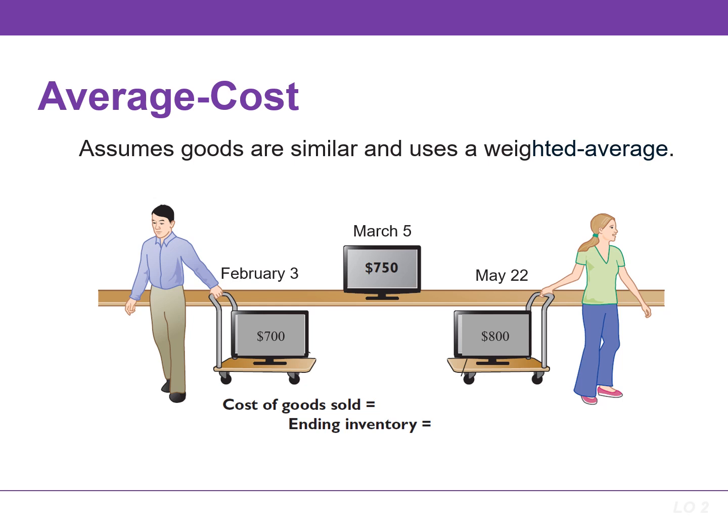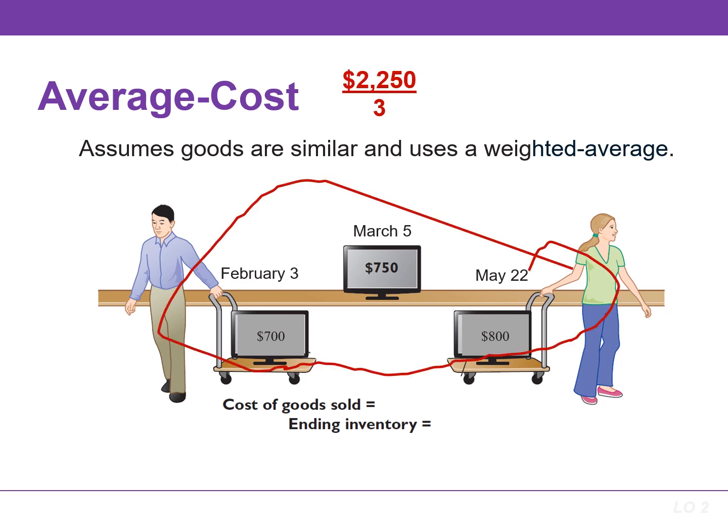If we take the total cost of goods available for sale, which is $2,250, and divide by the total units available for sale, which is 3 TVs, we'll arrive at a weighted average unit cost of $750. The cost of goods sold and the ending inventory are assigned the same weighted average cost per unit of $750.